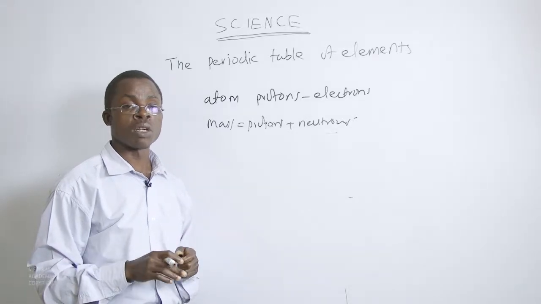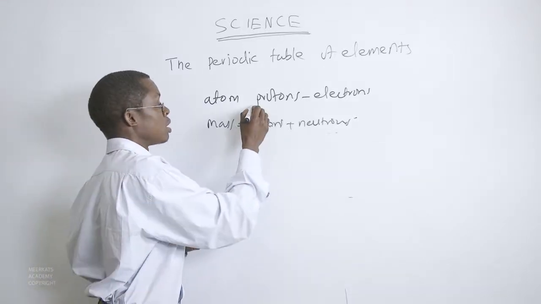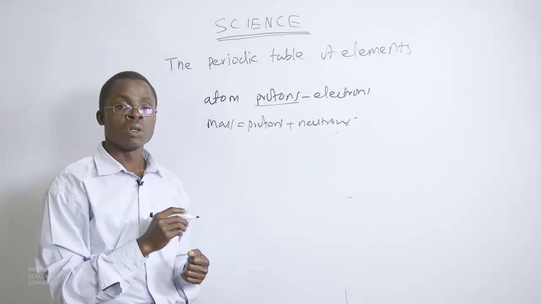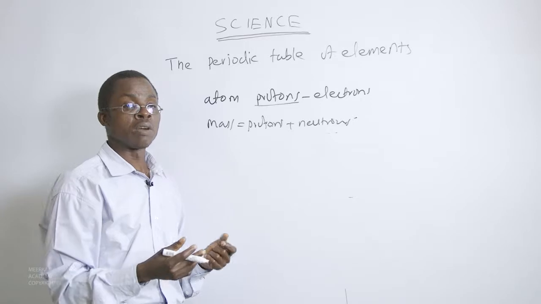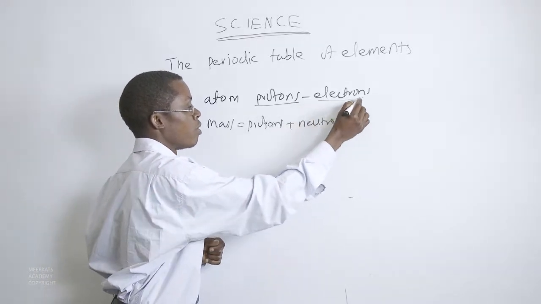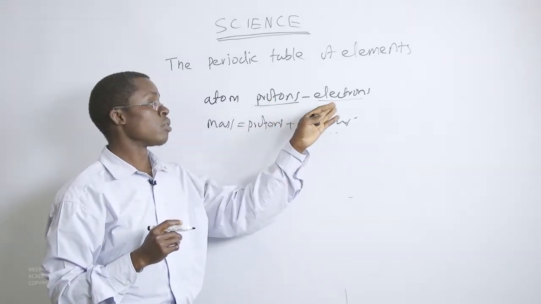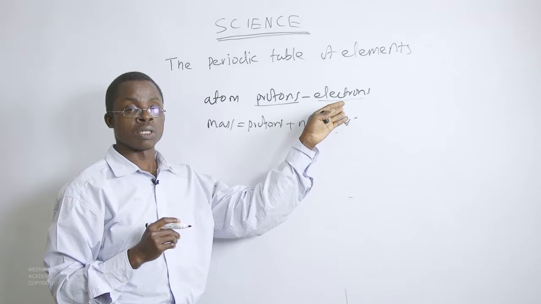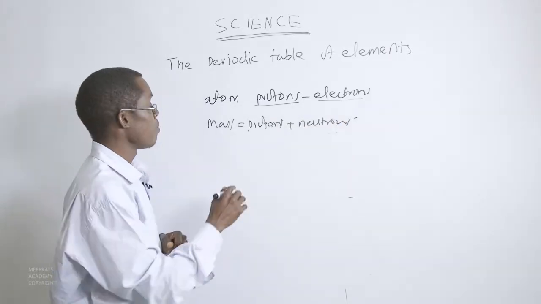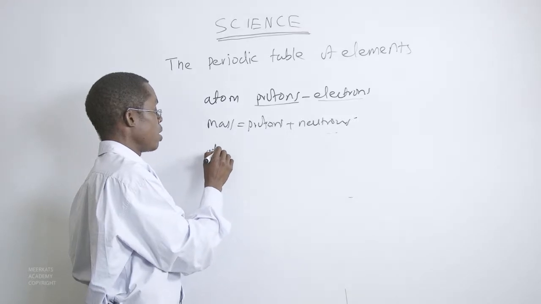But for us to construct a periodic table, the most important part is the number of protons, which directly or indirectly gives us the number of electrons. Once you know the number of protons, you already know the number of electrons. We also have what we call the atomic number.